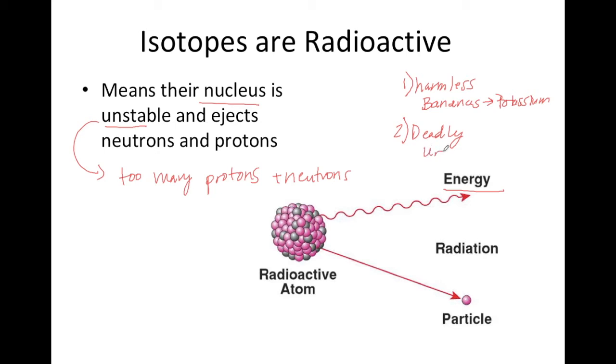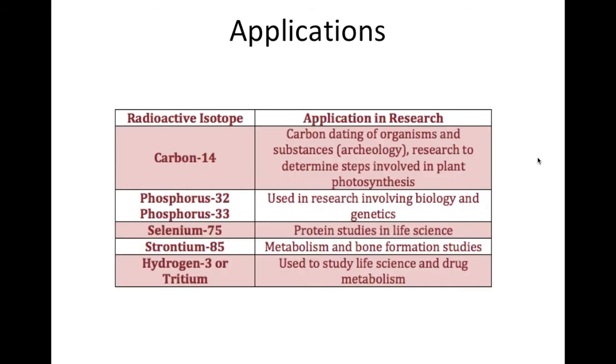So, in the case of uranium 238, which was the main type of material used in nuclear reactors, when this decays, it's going to release gamma radiation, which is the highest form of radiation that we really have. And pretty much, if you're exposed to gamma radiation, unfortunately, you will not live.